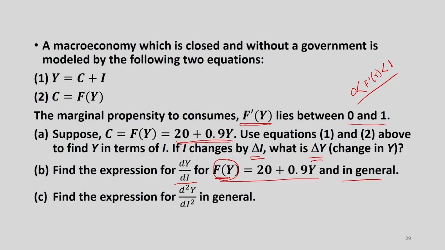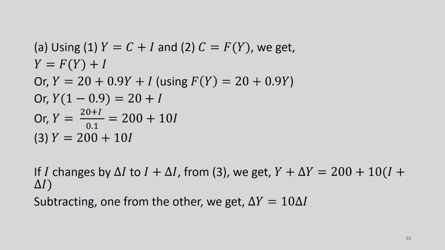Let us start with the two equations that we are given. This is one equation, number 1, y is equal to c plus I, and number 2 is c is equal to f of y.